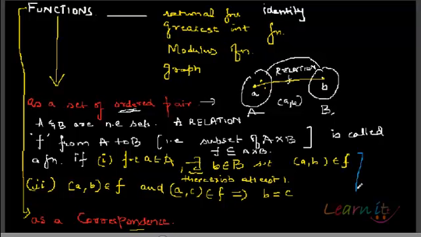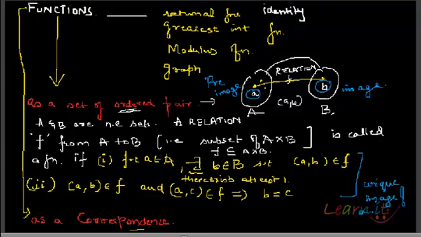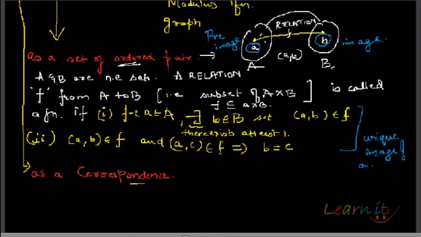What we are trying to say is that a has to have a unique image under the function or relation F. So b is the image of a, and a is called the pre-image of b under the relation or function F.